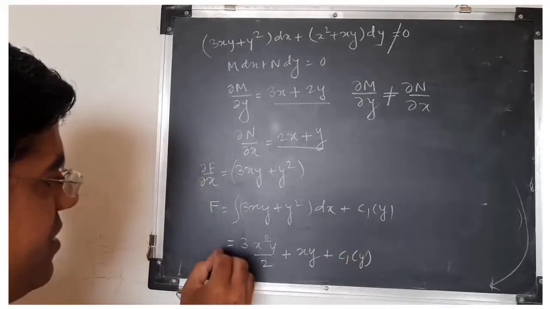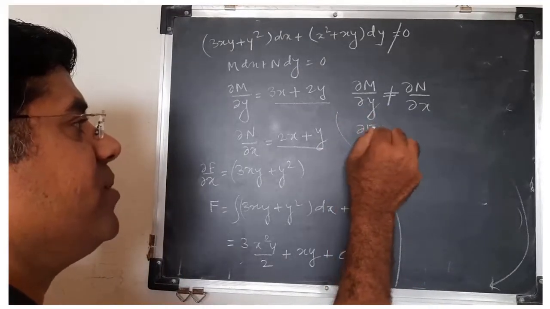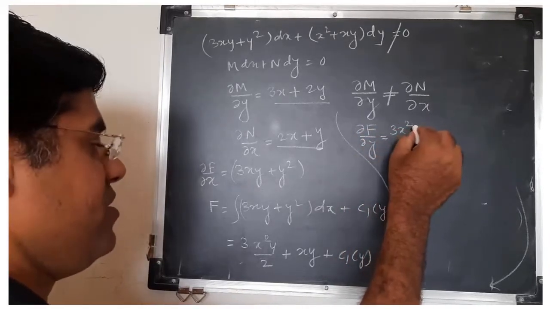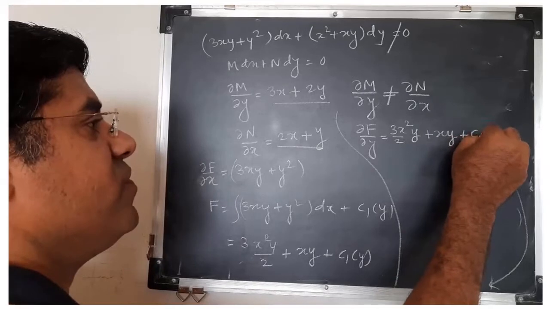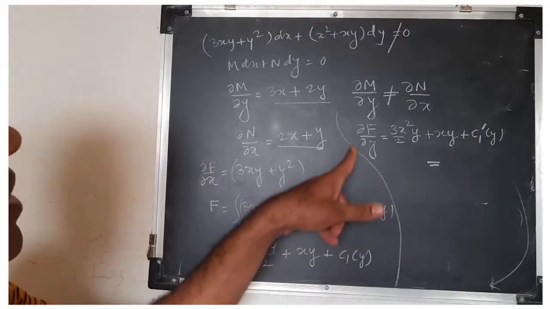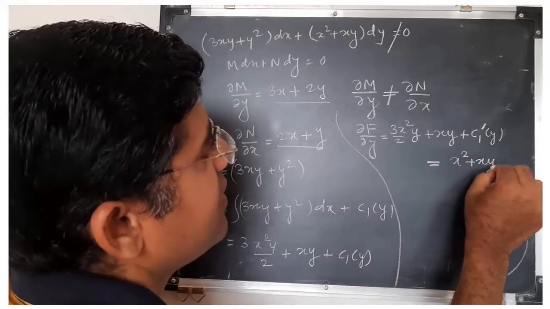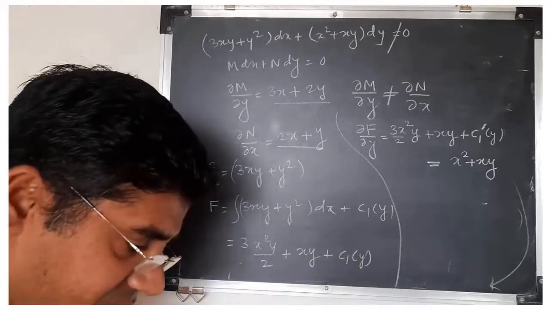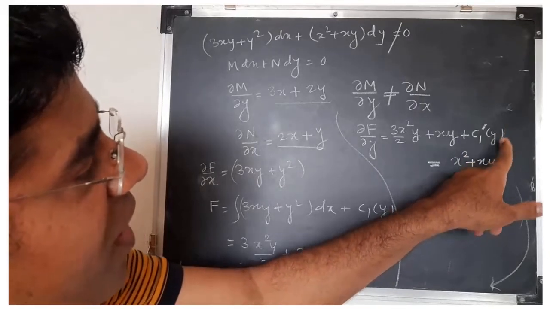Now I will differentiate this with respect to y again, because I am using the second method. That is 3x square by 2 plus 2xy plus the derivative of c1, which is equal to ∂f/∂y, that is x square plus xy. So in this term, c1 dash y is a function of y only.